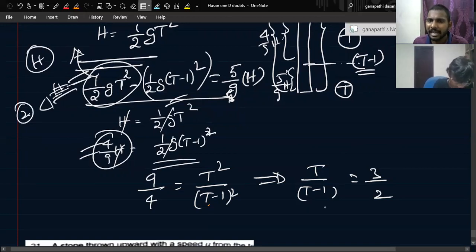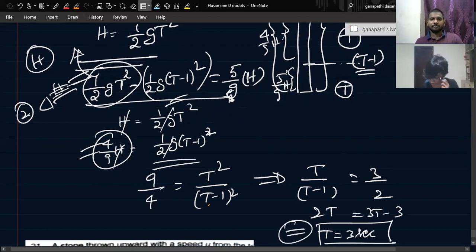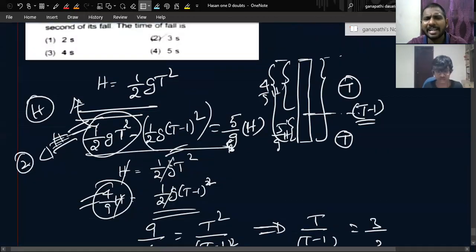Directly you got this answer. 2t is equal to 3t minus 3. So t is equal to 3 seconds. Got it, Hassan? Just try to make it simple. From this equation also you can get this direct equation, so your equation becomes as simple as possible.